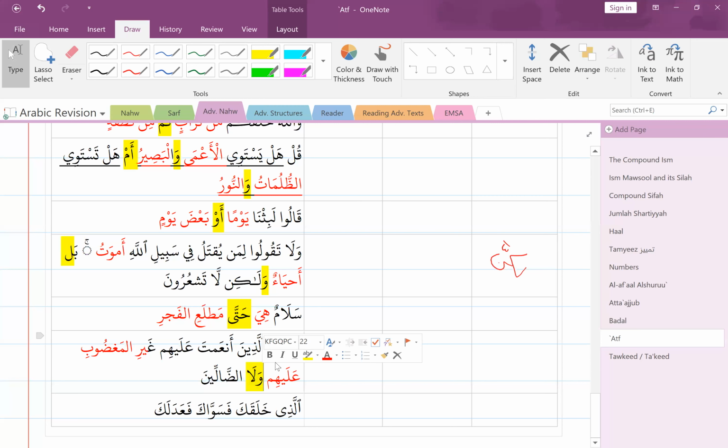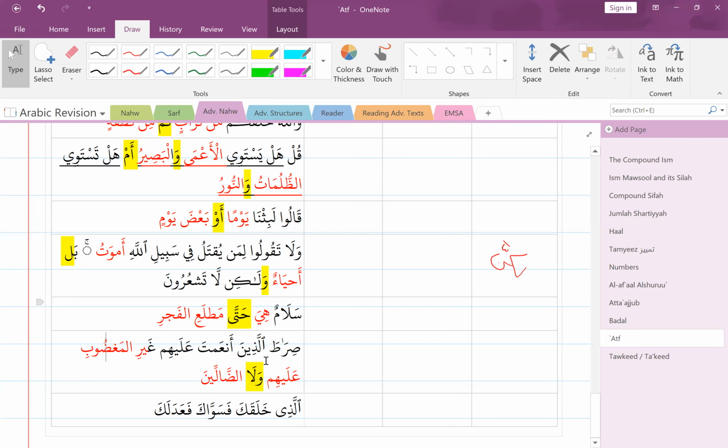So here you see la as حرف عطف. We said la can also be حرف عطف. Here we are affirming what comes before. We want this, not this. So we want أنعمت عليهم. We don't want غير المغضوب. We don't want المغضوب عليهم. We don't want الضالين. That's basically what is being said.